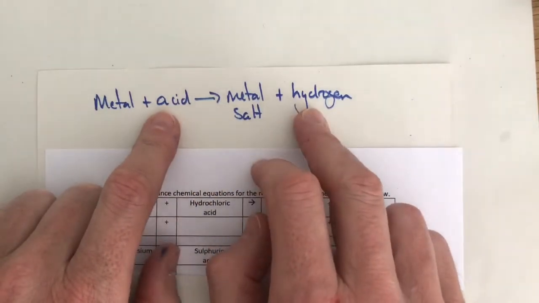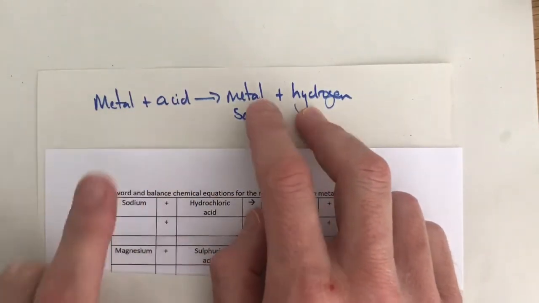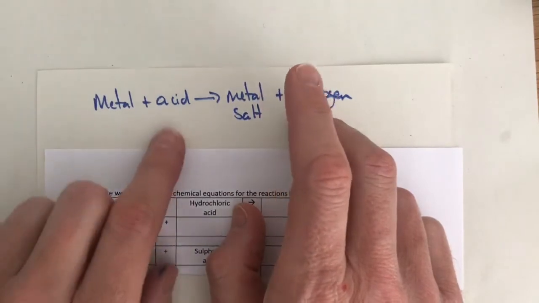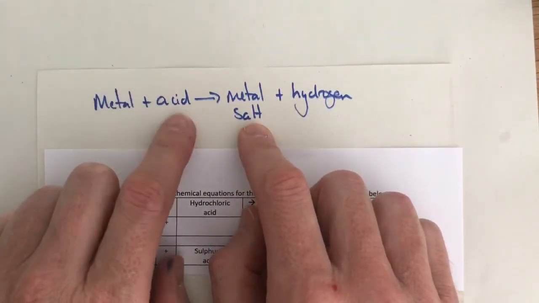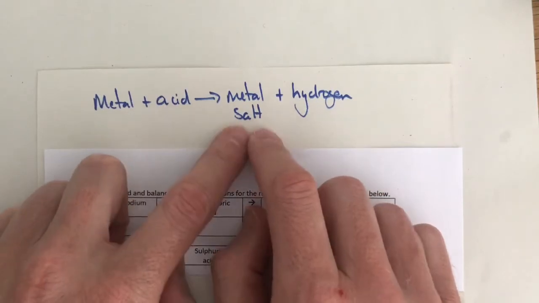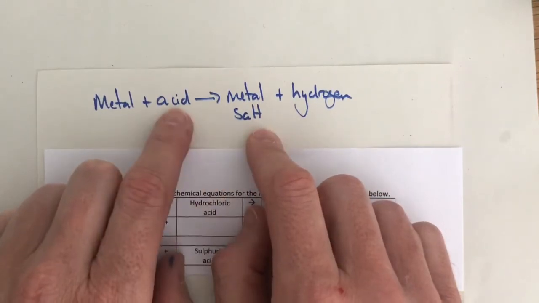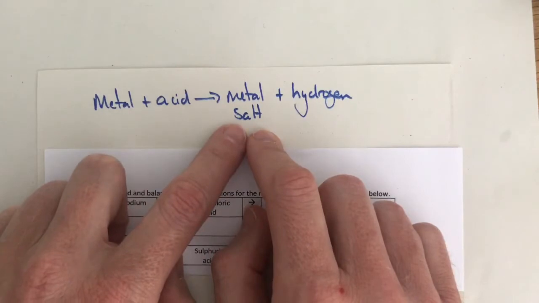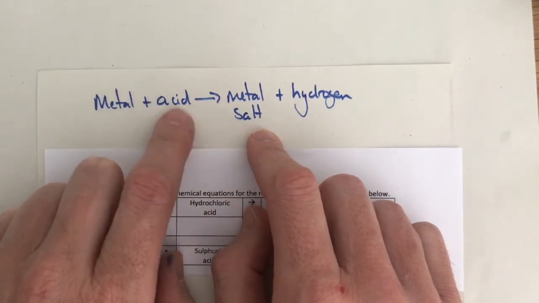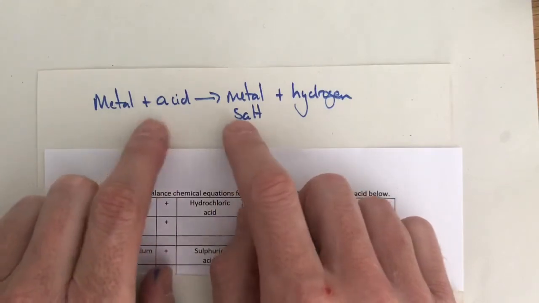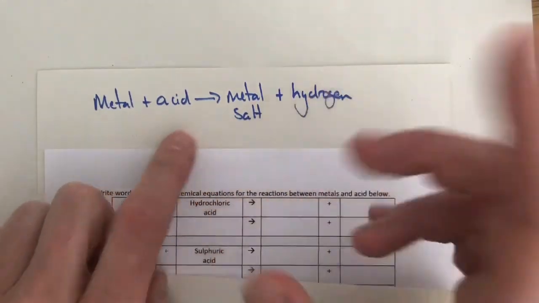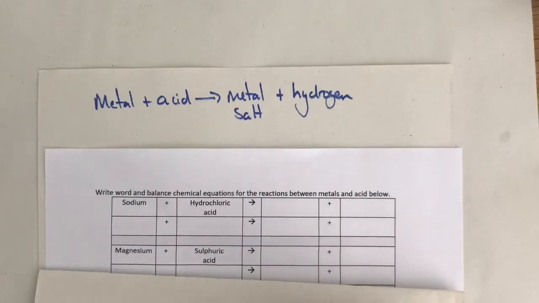The salt's second name depends on the acid. For example, hydrochloric acid gives a chloride salt, sulfuric acid gives a sulfate salt, and nitric acid gives a nitrate salt. So the acid determines the second name, and we always get hydrogen gas formed.